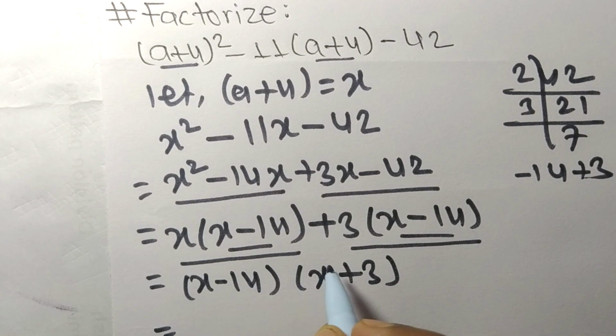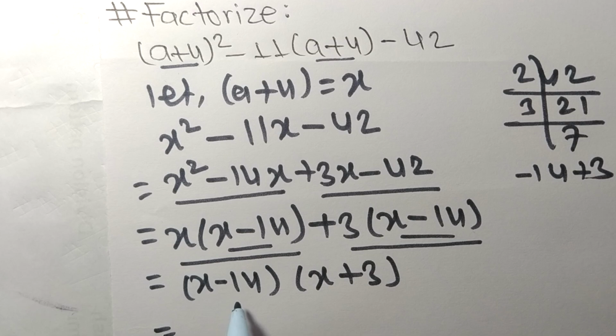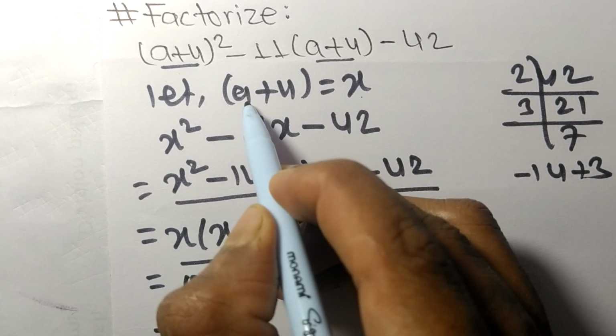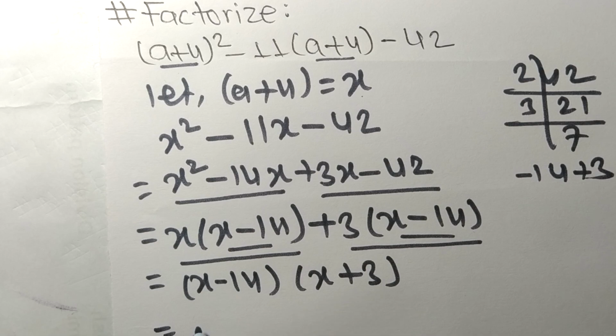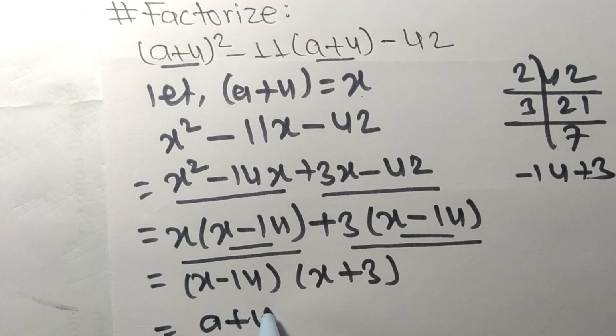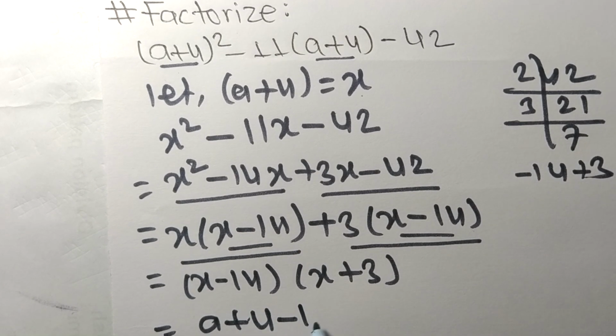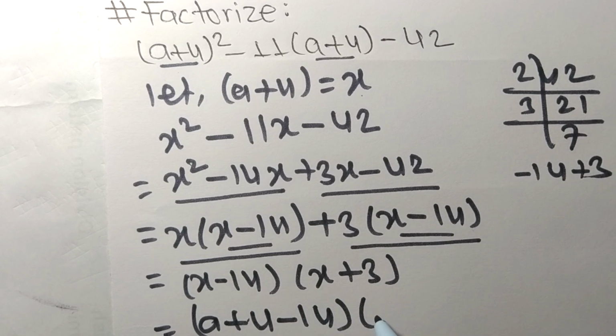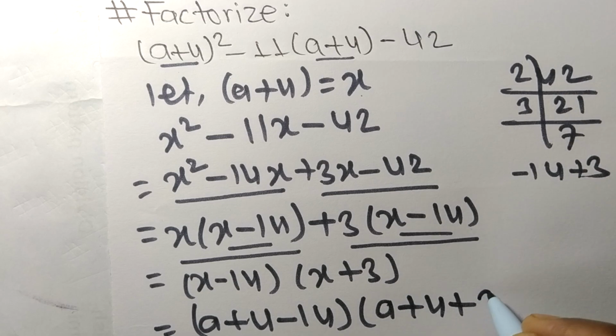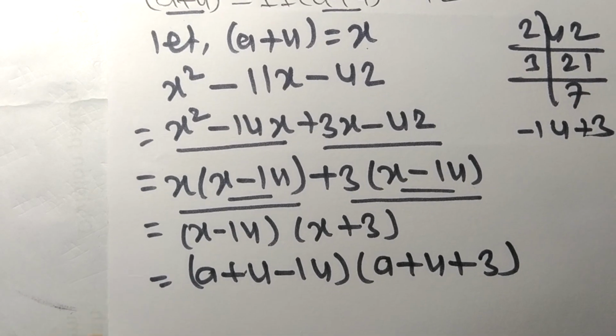So we have converted it into simple form, and we let x equal a + 4. So this x means a + 4 and this is minus 14, like as here x means a + 4 plus 3.